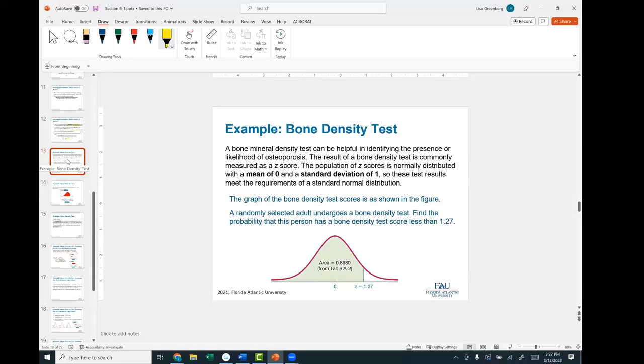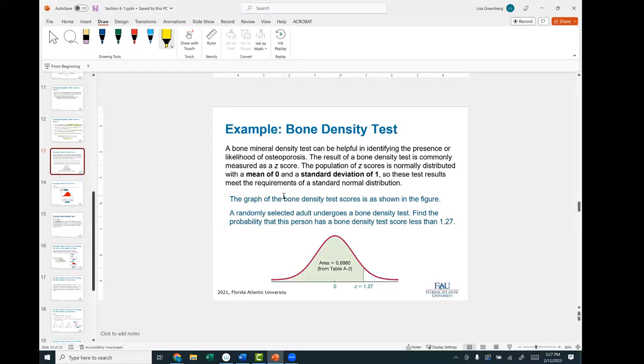Perfect. I know now that this is going to work, so that these test results meet the requirements of a standard normal distribution. The graph of the bone density test scores is as shown in this figure. A randomly selected adult undergoes a bone density test. Find the probability that this person has a bone density test score less than 1.27.